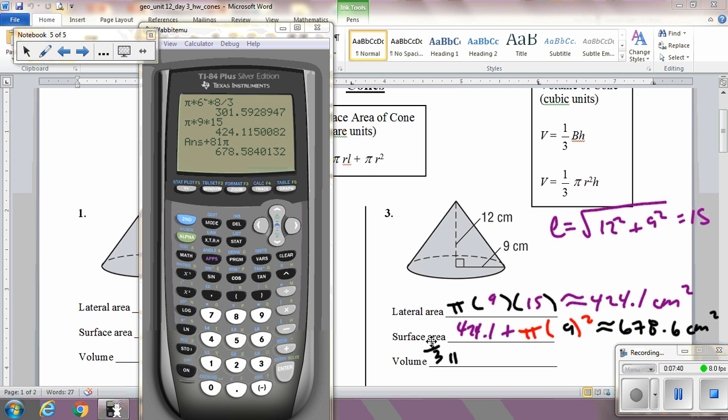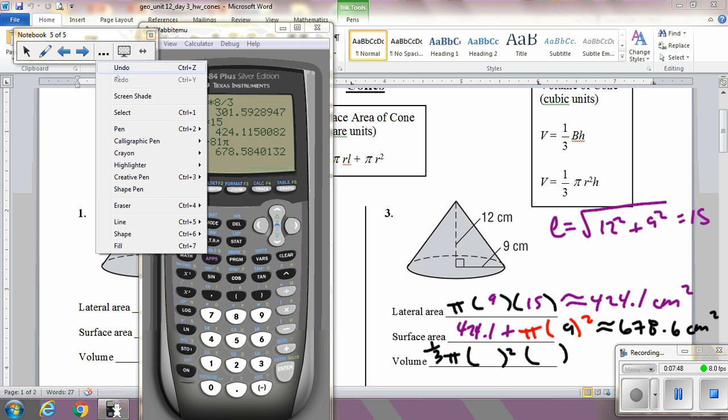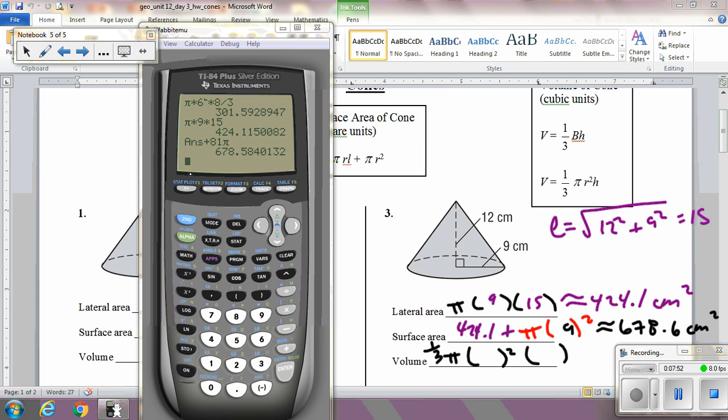Now for volume. 1/3 times pi times my radius squared times my 3D height is the best formula to use to be the most accurate. And again, my radius is 9. My 3D height is 12.